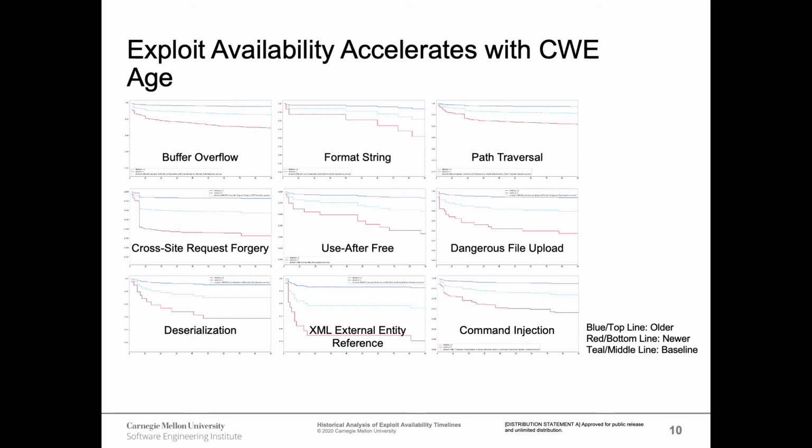But also, and this is getting into our third research question, if you partition the data based on date, vulnerabilities that are published more recently are more likely to have public exploit code associated with them than vulnerabilities that were published 7 years ago.